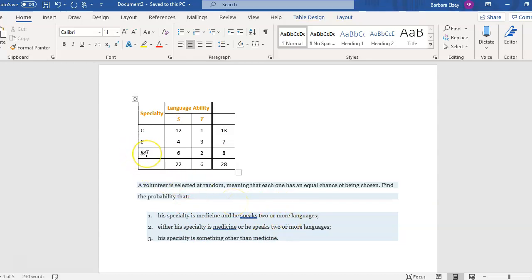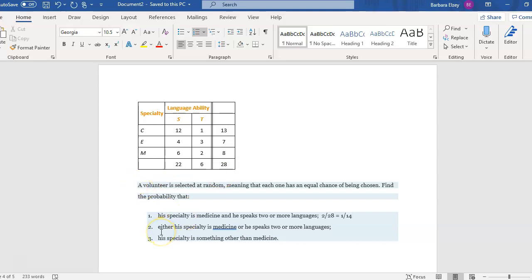So medicine and T come together in this single box right here. They overlap with these two people. So there are two people who both have a specialty of medicine and speak two or more languages out of the 28 that we have total. Or, of course, we could reduce this to 1 out of 14.